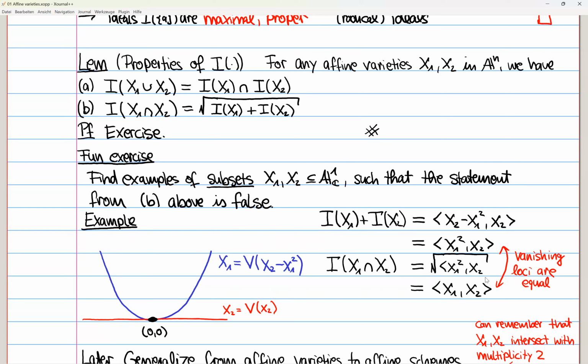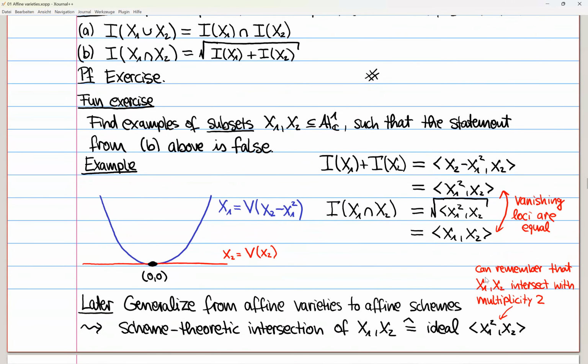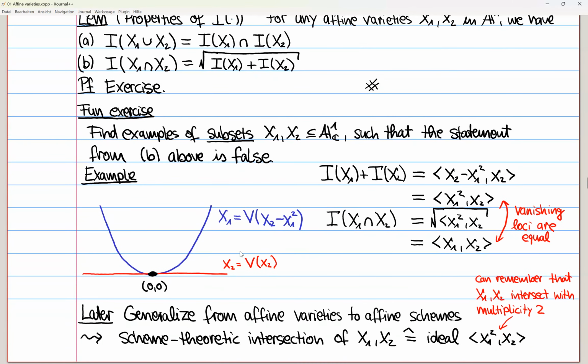We do see here that we lose a bit of information in a certain sense, because this parabola and this line meet at this point, but they meet to order 2.